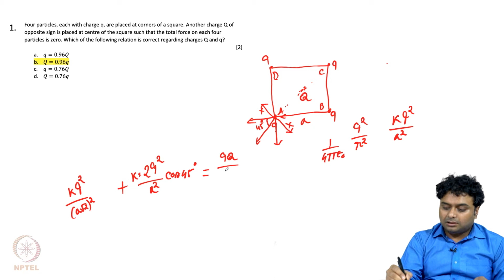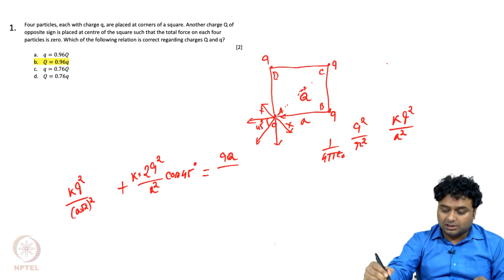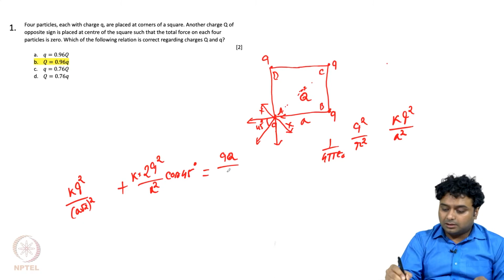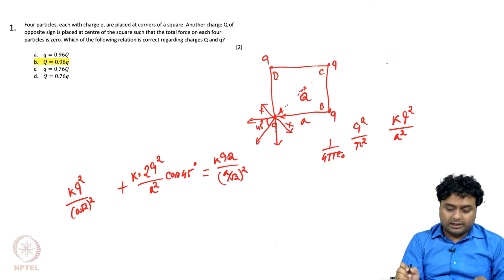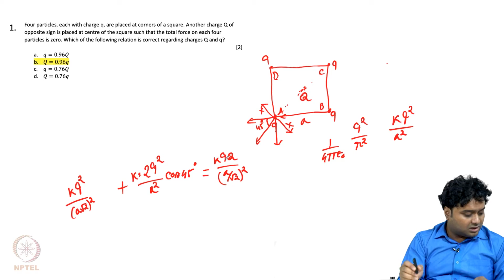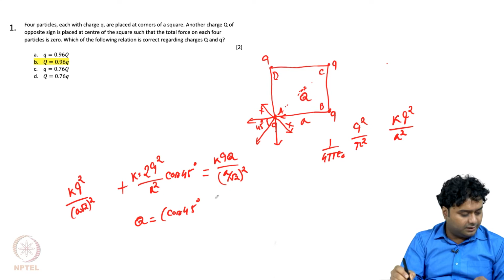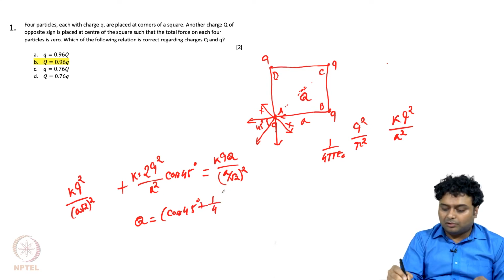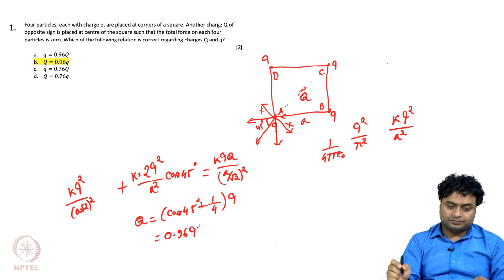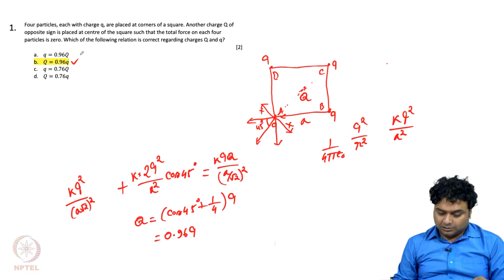The distance between the capital Q charge and the small q charge at A is A by root 2, half of the diagonal. The k will get cancelled, and if you equate both sides, you will get that Q equals (2 cos 45 degrees plus 1/4) of small q, which is equal to 0.96 of small q. So this is the correct answer using simple Coulomb's law.